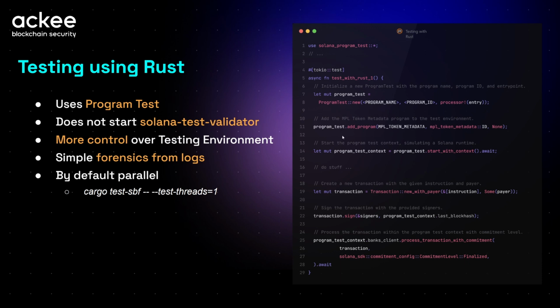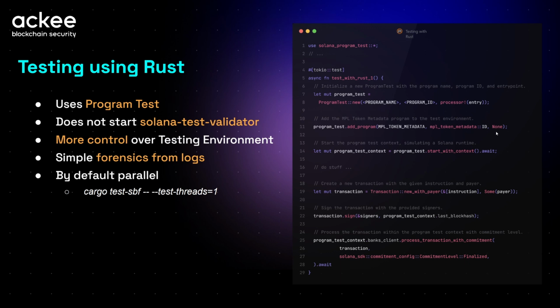Then optionally, as I was talking about the Metaplex, you store the Metaplex in the fixtures folder, and you would like to tell the program test that you want to add this binary file to the context, so you can actually test the CPI. So you specify program test add program, and again the program name, then the program ID, and the third parameter is none.